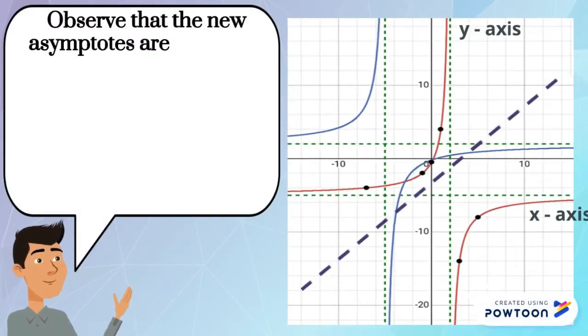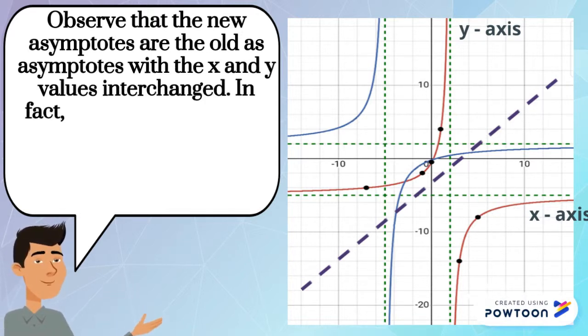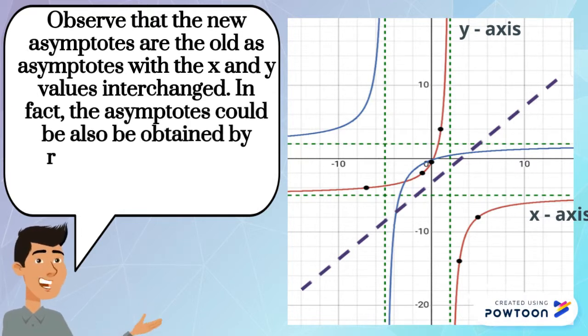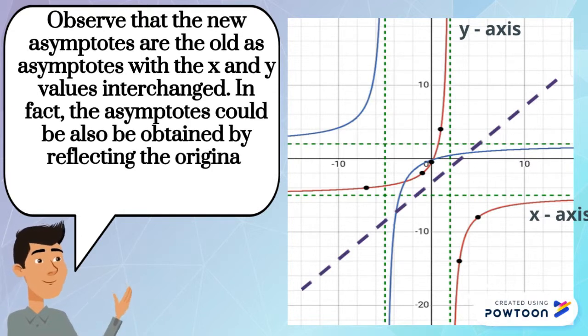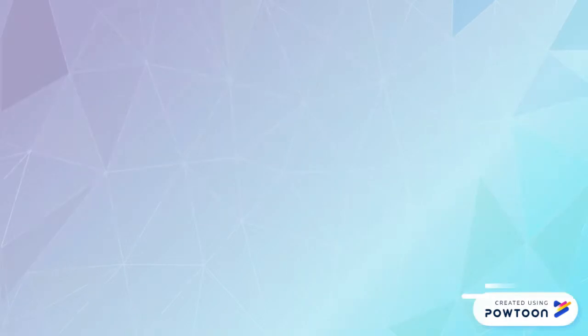Observe that the new asymptotes are the old asymptotes with the x and y values interchanged. In fact, the asymptotes could also be obtained by reflecting the original asymptotes about the line y is equal to x.